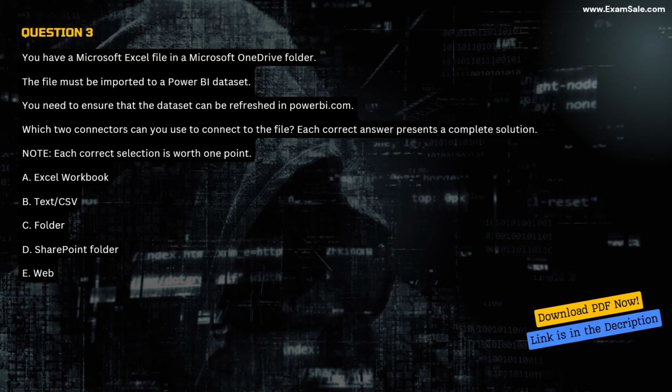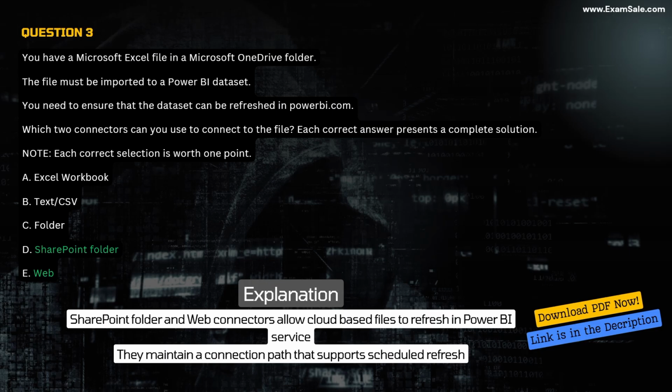B. Text/CSV. C. Folder. D. SharePoint folder. E. Web. Correct answer D and E. SharePoint folder. Web. Explanation. SharePoint folder and web connectors allow cloud-based files to refresh in Power BI service. They maintain a connection path that supports scheduled refresh.